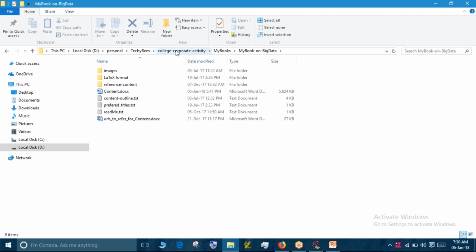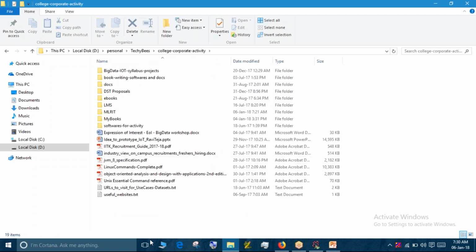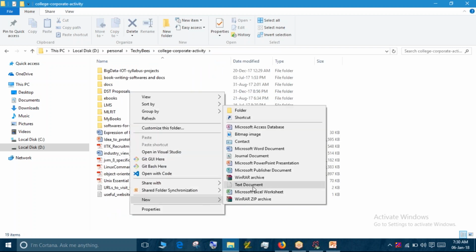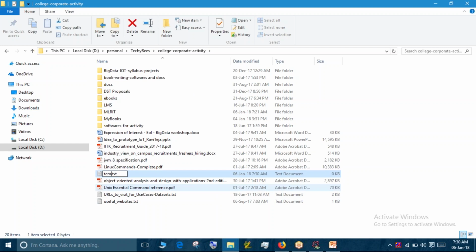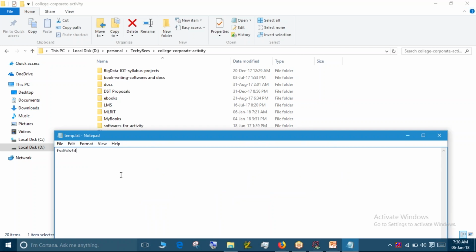Now only for your understanding, I am trying to create a new text document with the name temp.txt. What is its size? 0 bytes. Observe very closely here. I open this and type something: 2, 4, 6, 8 characters.